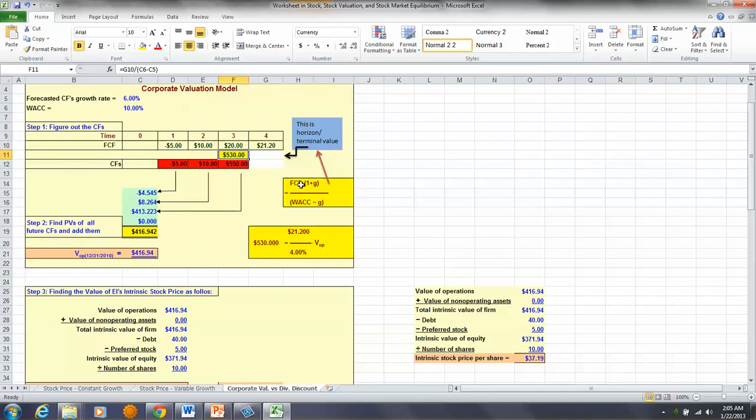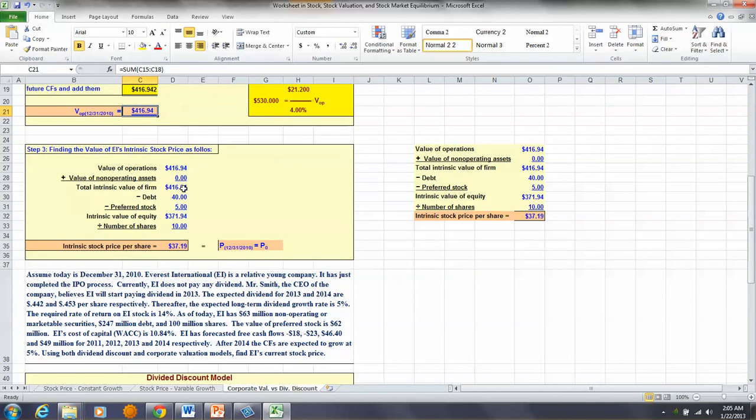Your free cash flow 4 divided by the cost of capital minus growth gives you 530, and then I put it together with my third cash flow, which gives me 550. Discount all these cash flows by the 10% discount rate and add them together, and I have the total value of operations.